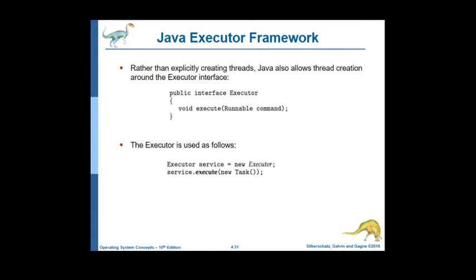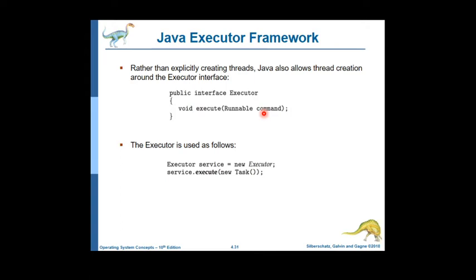Rather than explicitly creating Thread objects, thread creation is instead organized around the Executor interface. Classes implementing this interface must define the execute method, which is passed a Runnable object.